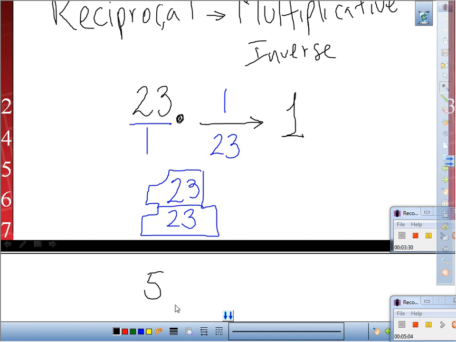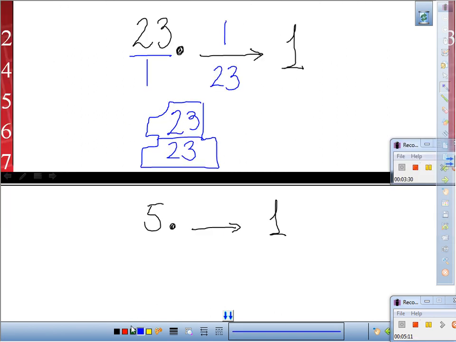What if I gave you 5? Tell your neighbor the reciprocal of 5. That would give us a product of 1. Okay, Charlie, go. 1 over 5. And if you got that, yeah, right? Because this is 5 over 1 and so on and so forth. Let me give you another one. How about if I gave you -8?